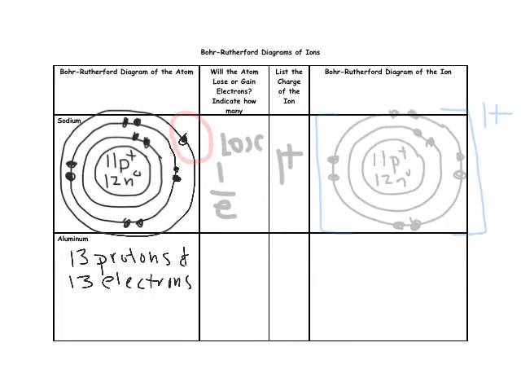Aluminum's atomic mass is 26.98, which we round to 27. 27 minus 13 gives us 14 neutrons. So we always do these quick calculations so that we know how many electrons, protons, and neutrons we have to place in our Bohr diagram.